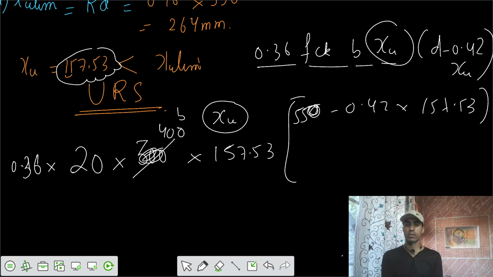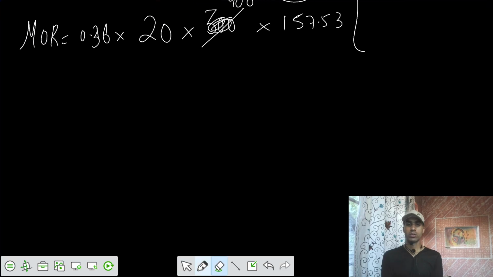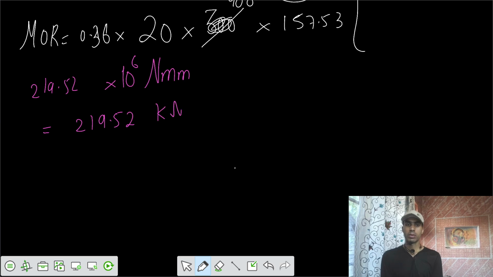So we can get the final solution, and the value of all of this is in Newton millimeters. We also have the factor 10 to the power 6 here. Then finally, if you divide that, you would get a value equal to 219.52. Such that your overall moment of resistance is 219.52 kilonewton meter.